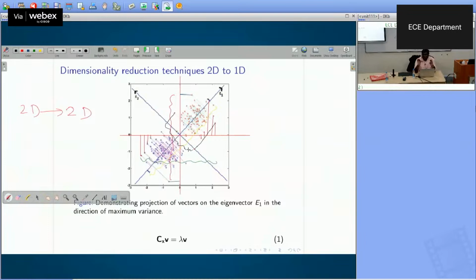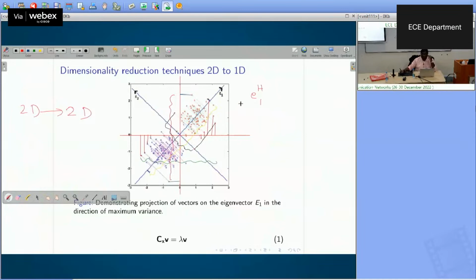So what it really means is, you don't want the eigenvector E2, I want only the eigenvector E1. It is enough for me to use this E1. So here the transformation matrix is just E1 Hermitian if it is complex data.